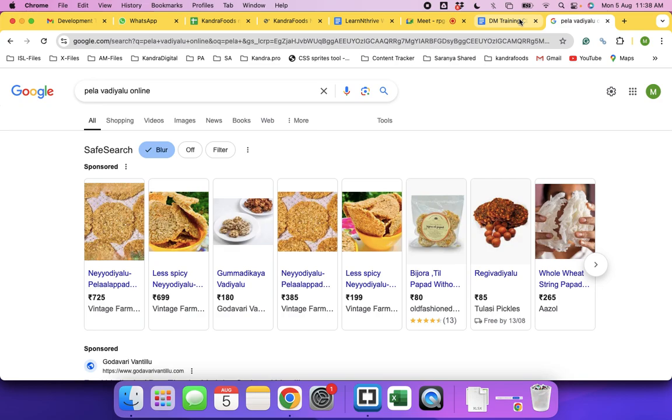Mine is Srikakulam Appadalu. Nuvul Appadalu, Srikakulam Appadalu both mean the same. Okay, I'll try one more, Srikakulam Appadalu.